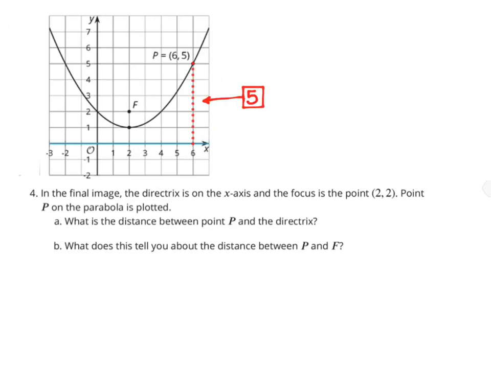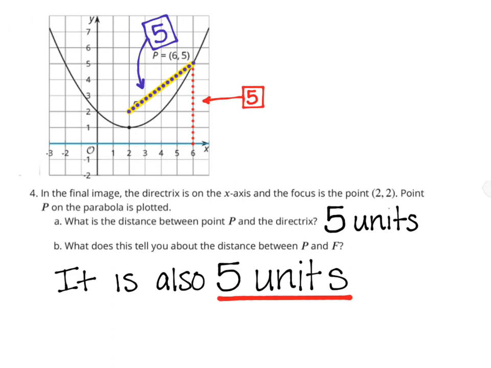Well, we can count that out. We can see that it's 5. And we know then if this is 5, then the distance to the focus is also 5 units. Because as we learned early on, these distances must be equal: the distance from a point on the parabola to the directrix and the point on the parabola to the focus.